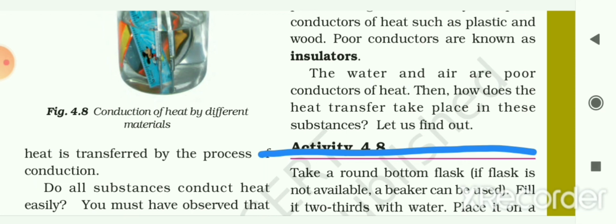Before ending this video, let me recall what we had seen. We had seen the transfer of heat. In transfer of heat, the heat flows from a body at a higher temperature to a body at a lower temperature, and that is why hot tea becomes cold due to the flowing of heat into the atmosphere. That is also one example of transfer of heat.